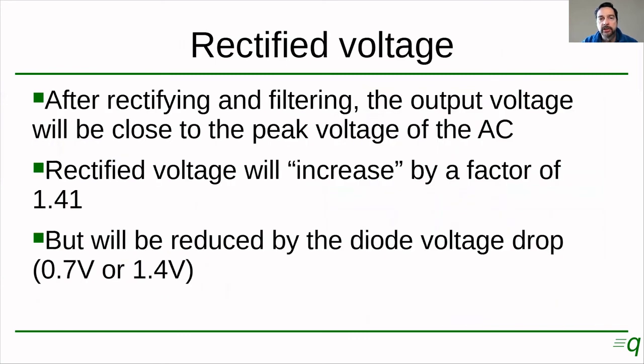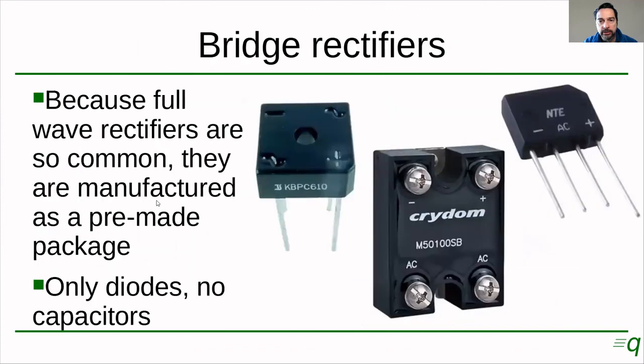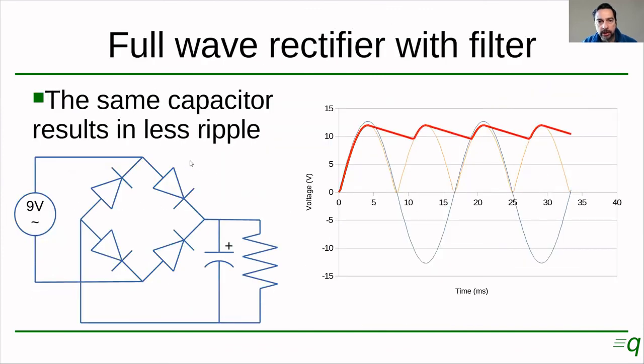So after rectifying and filtering, the output voltage will be closer to the peak voltage of the AC. So the rectified voltage will increase by a factor of about 1.41, okay? So if we go back a few slides here, right?